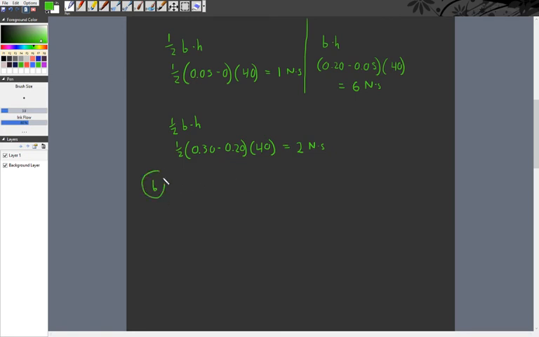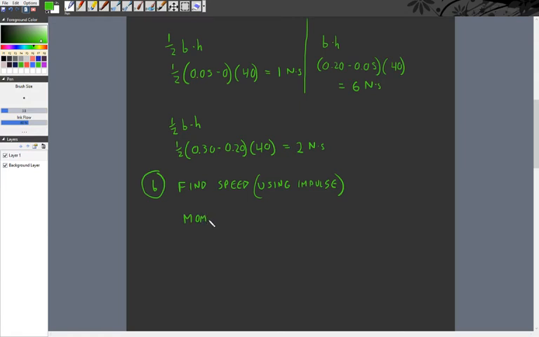Okay, so for part B, we have to find the speed, and it's going to be using the impulse. Think about it. Initially, the block is at rest, so its momentum is 0. So its final momentum will just be whatever impulse it had after the collision.